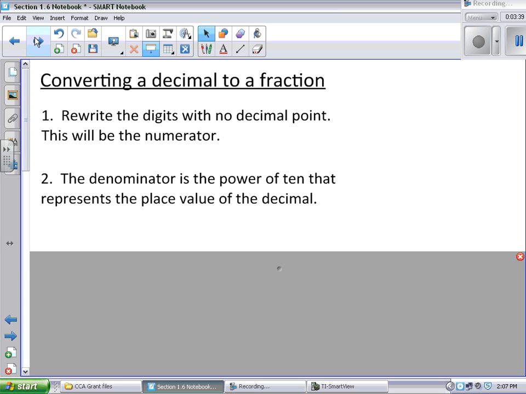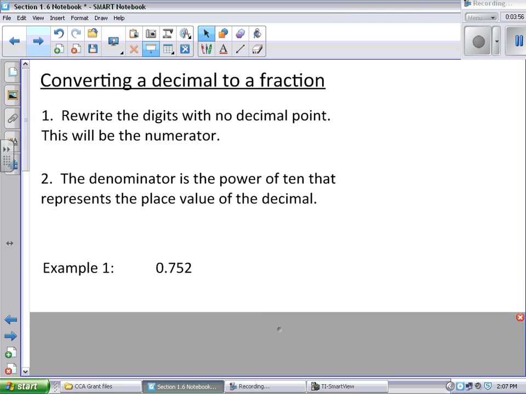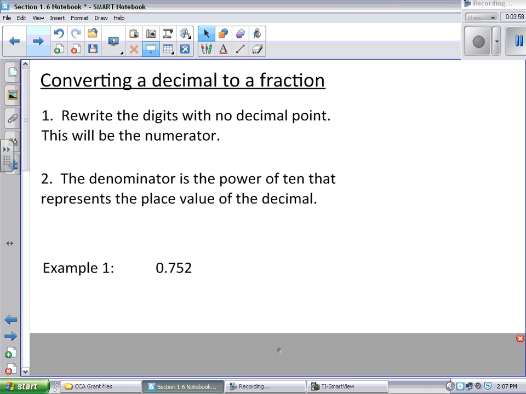Now, when we want to convert a decimal to a fraction, we're going to rewrite the digits with no decimal point. This will become the numerator for our fraction. The denominator is the power of 10 that represents the place value of the decimal that we've been given. Example 1, 0.752.